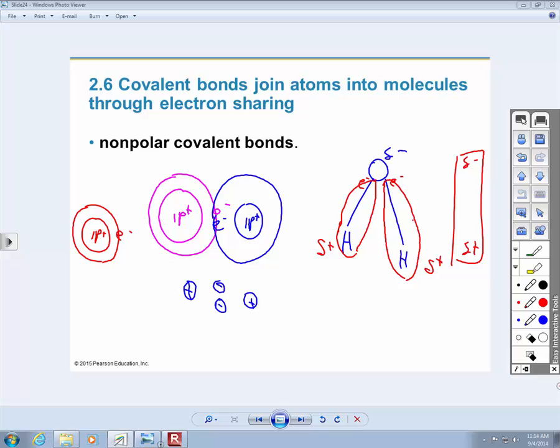That's completely nonpolar. So if you have something completely nonpolar, then water's very polar. So let's say that you put oil in water. Oil is nonpolar. It's not going to mix with water. So anything that has polarity to it will mix with water.